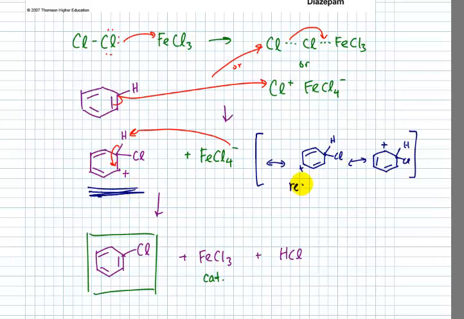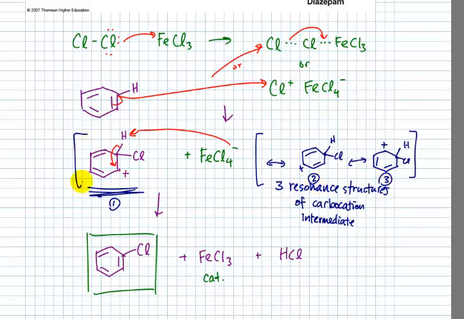Let's write that, resonance structures of carbocation intermediate. There are 3 of them, right? Here's number 1, here's number 2, here's number 3. Right?